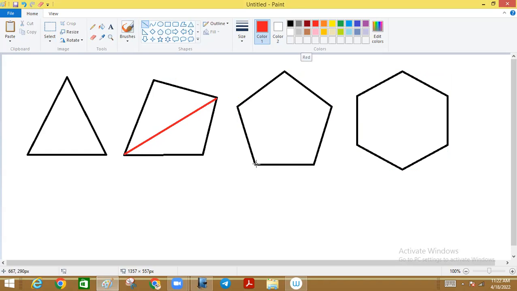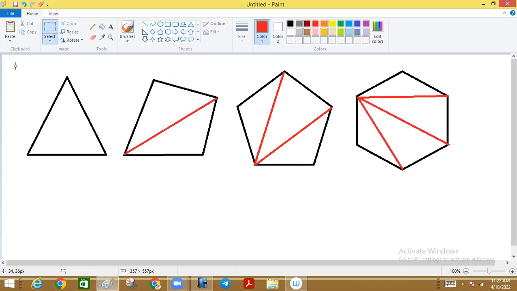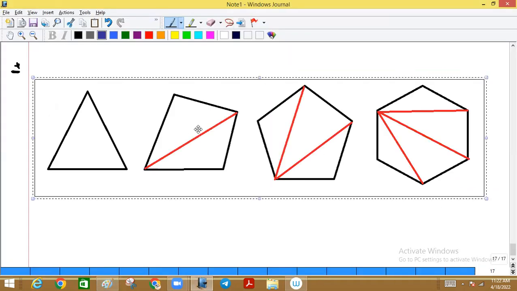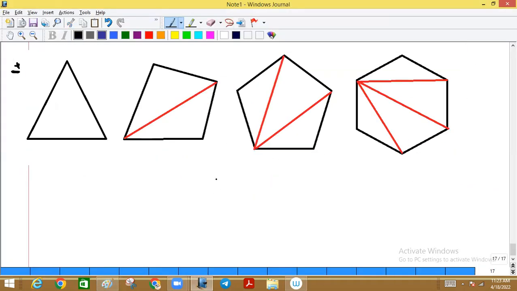From any vertex, you join all the opposite vertices. You join all the opposite vertices, right? See there.